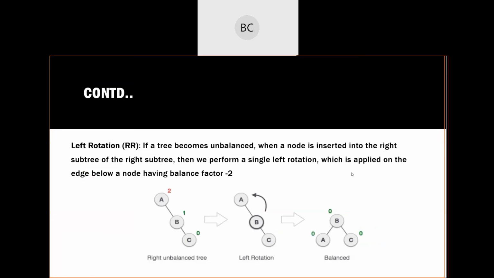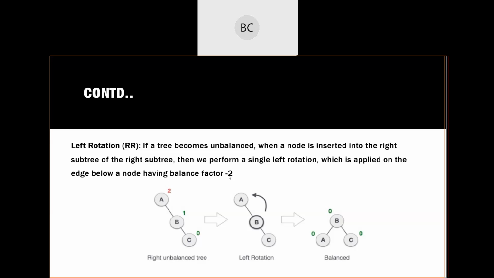Screen is visible to everyone, right? Okay. So first we will see the RR rotation. RR rotation means the new node is inserted into the right subtree of the critical node.